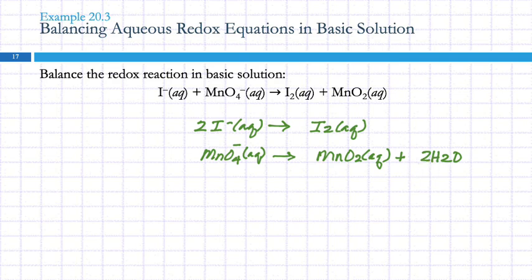So 2 times 2 is 4 hydrogens, so I need 4 hydrogen ions over there. And then I'm going to balance for charge. This is -2 and this is 0, so I need 2 electrons here. This side is 0, +4 -1, so this is a +3. I need 3 electrons over here.